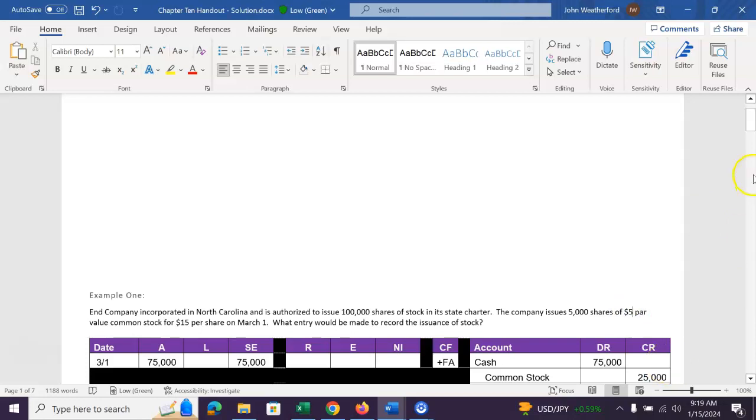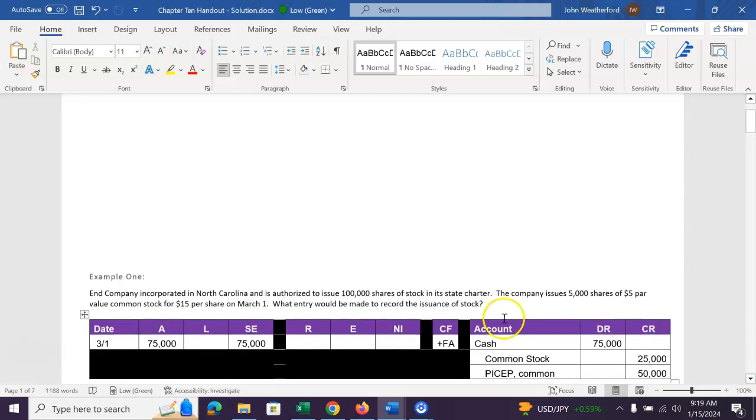And then the additional paid in capital will go into our additional amounts received from stockholders. We'll go into a new account here, paid in capital in excess of par common stock.